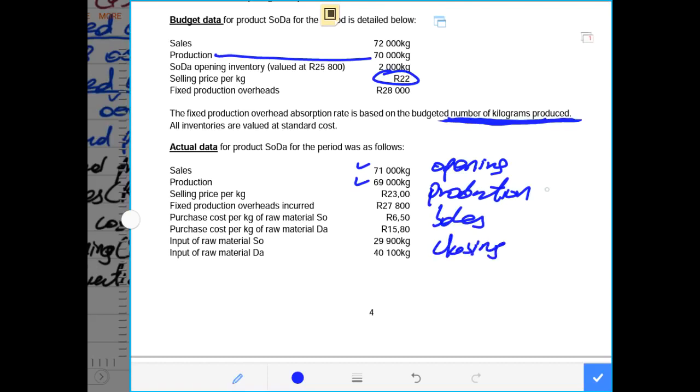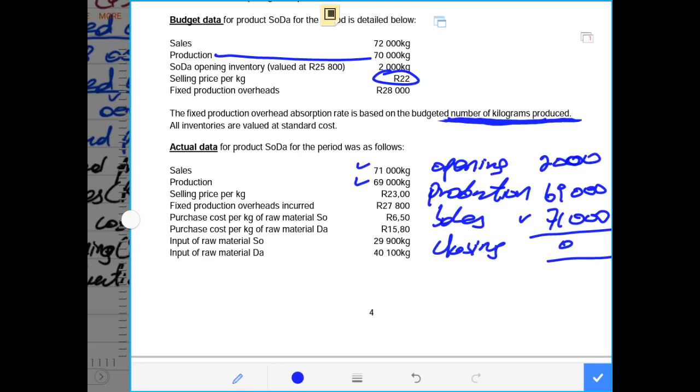In this case, our production is 69,000 and our sales is 71,000, and closing inventory is 0. So there are no closing units. Therefore if we sell 71,000, there must have been 2,000 as opening units of inventory.